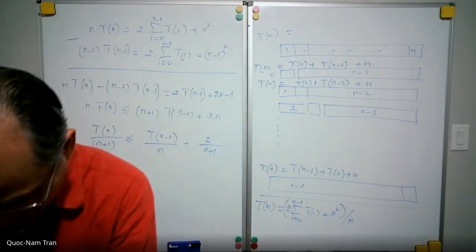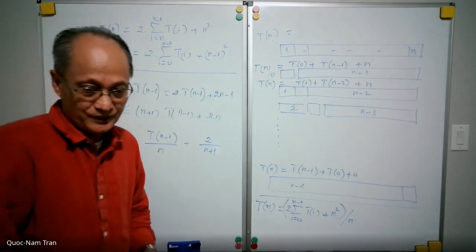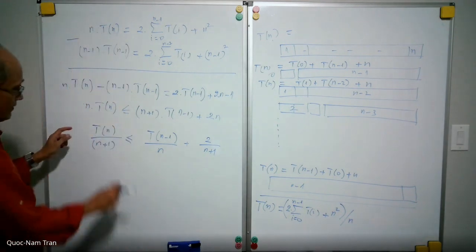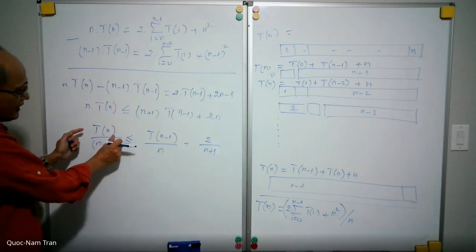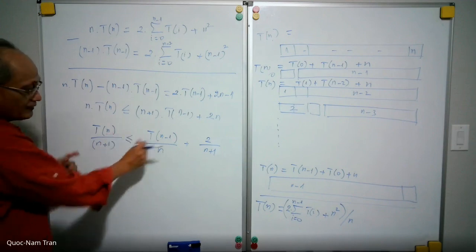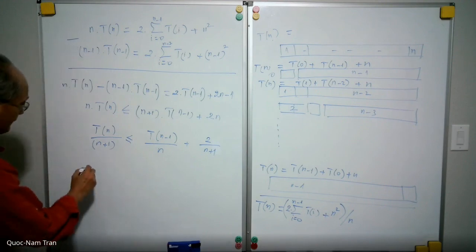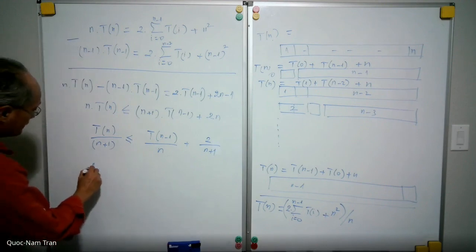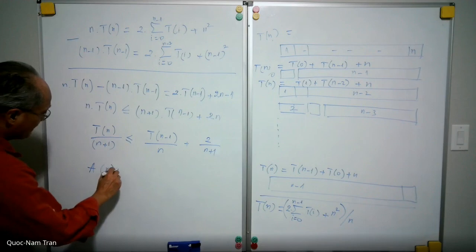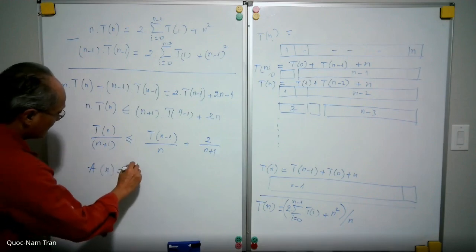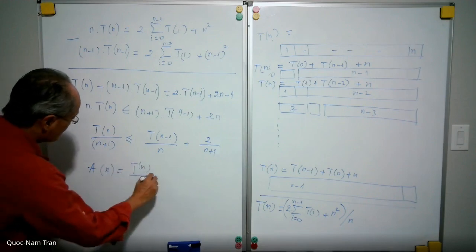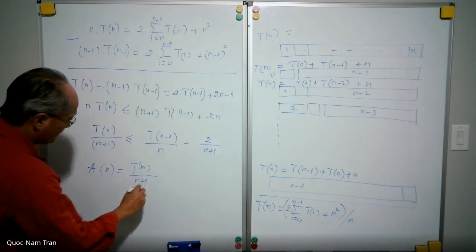Now we have one more thing to do, because we have not seen this kind of recurrence before. So I will make a substitution. An is Tn divided by n plus 1.